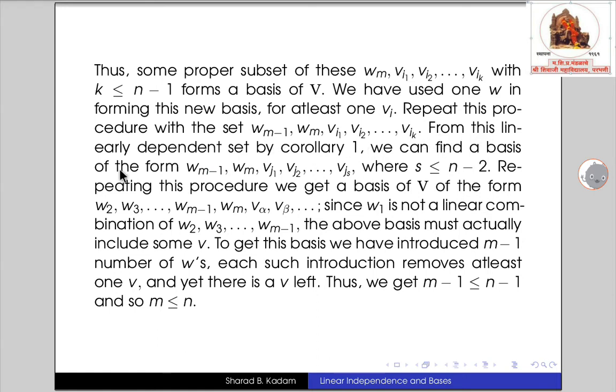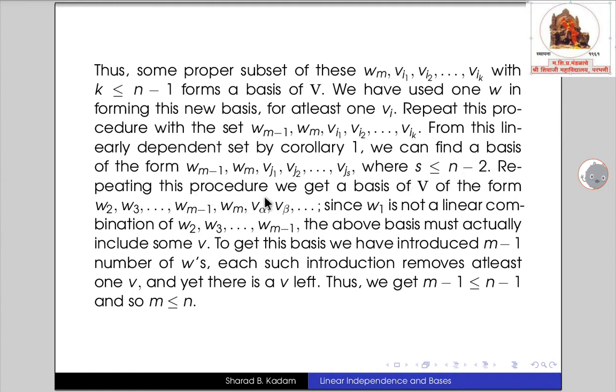So from this linearly dependent set, by using corollary 1, we can find a basis of the form w_{m-1}, wm, v_{j1}, v_{j2}, and so on up to v_{js}, where s is less than or equal to n minus 2.